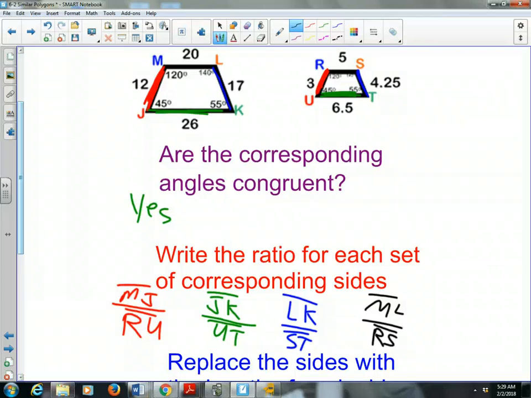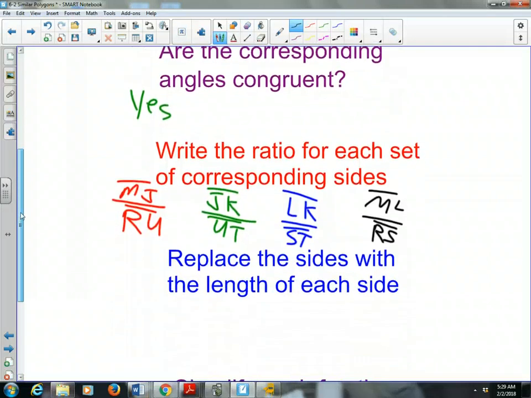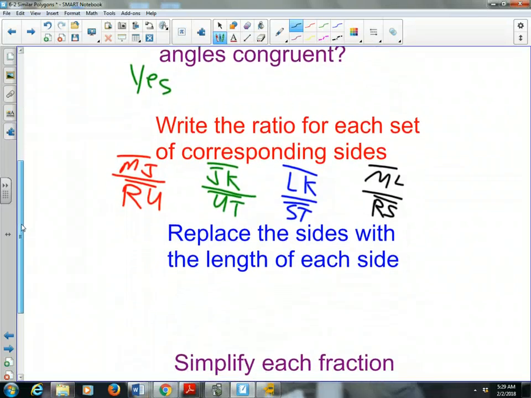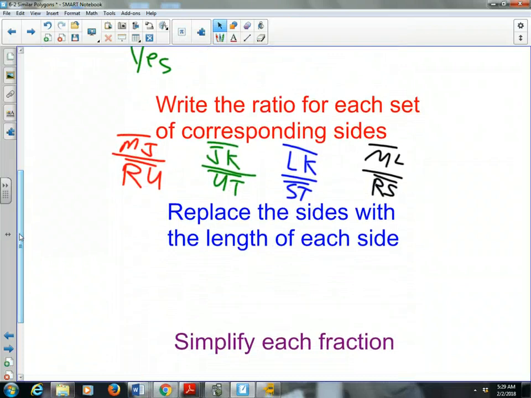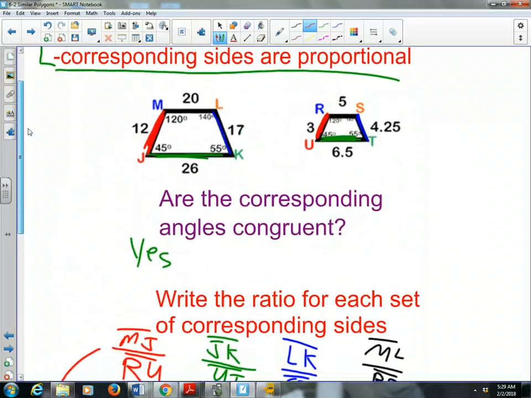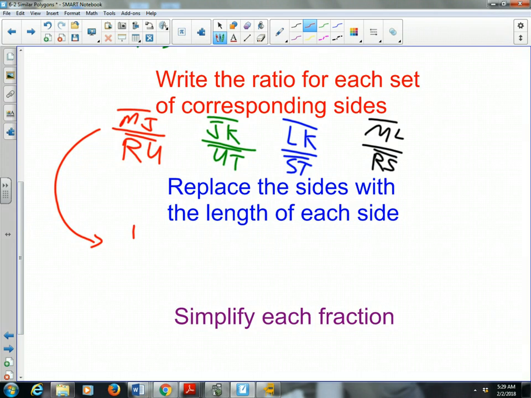Now let's take a look at the relationship between those values. Replace the sides with the length of each side. So MJ is 12. Instead of the segment, I'm going to write the value of that segment. So it's 12 divided by 3.